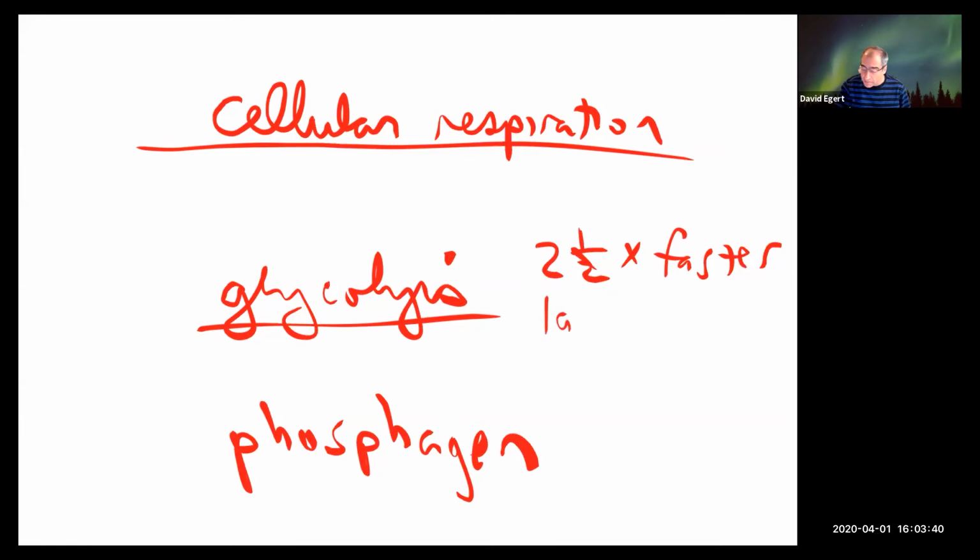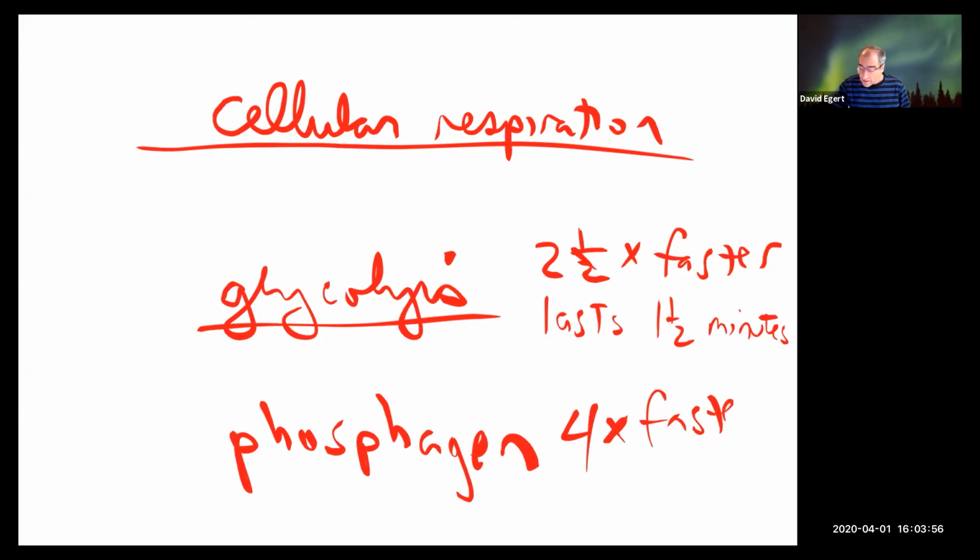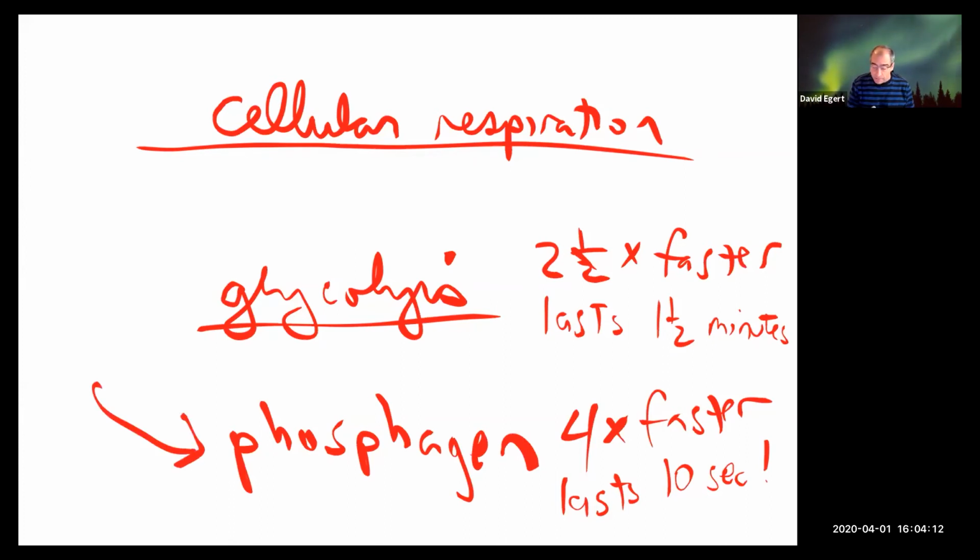This can only last about 1.5 minutes before it has to recover. Phosphagen system, again, 4 times faster. But this only lasts maybe 10 seconds before it has to recover. So if you are really sprinting, you're going to be making lots of ATP using this. Within 10 seconds, though, this is blown.